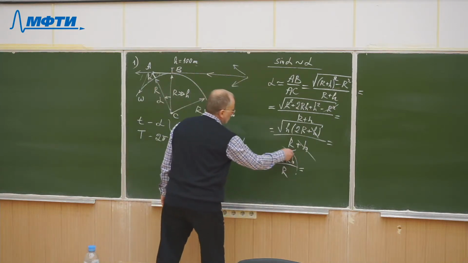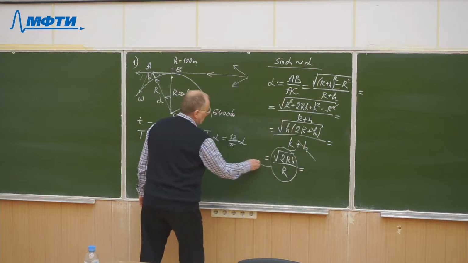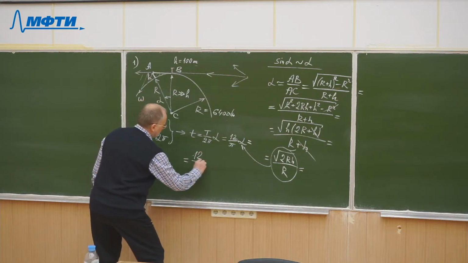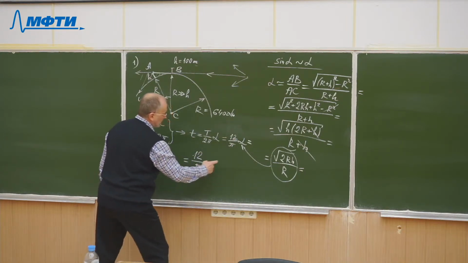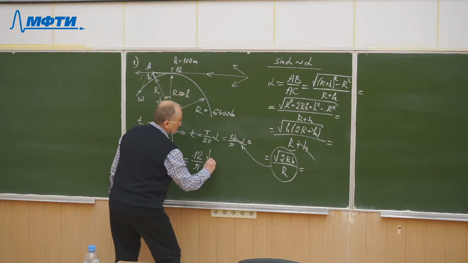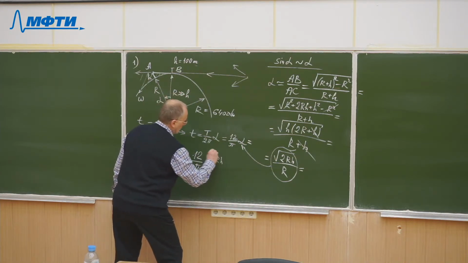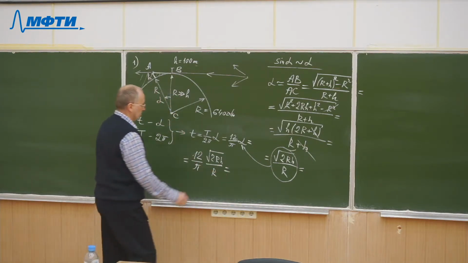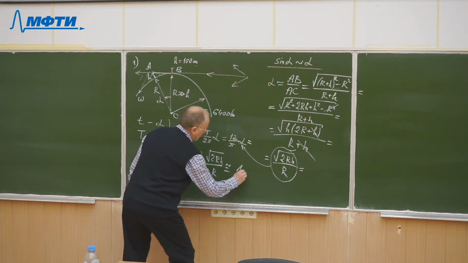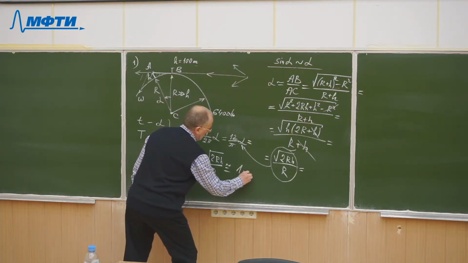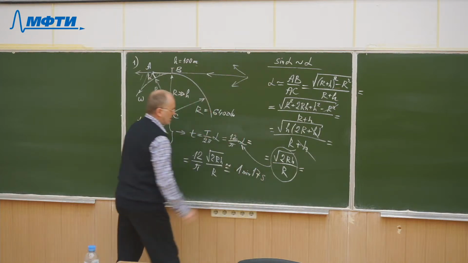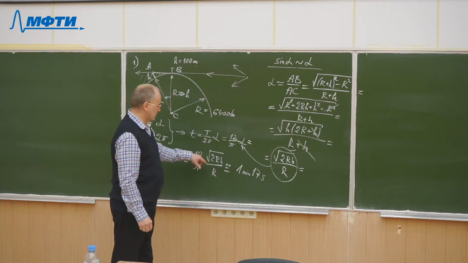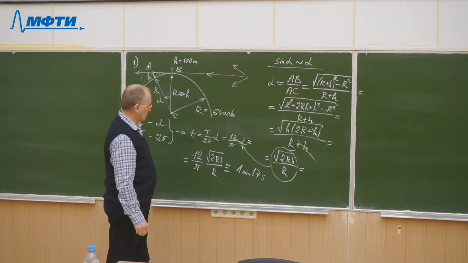Or you may substitute this expression for alpha here and obtain the expression for the time interval as 12 over pi times alpha, where alpha is the square root of 2rh over r. If you carry out these calculations, you will obtain approximately 1 minute 10 seconds, something like that, depending on what method of calculation you apply in this problem.